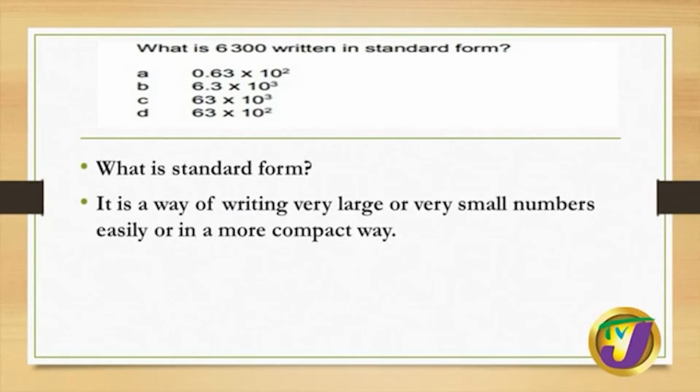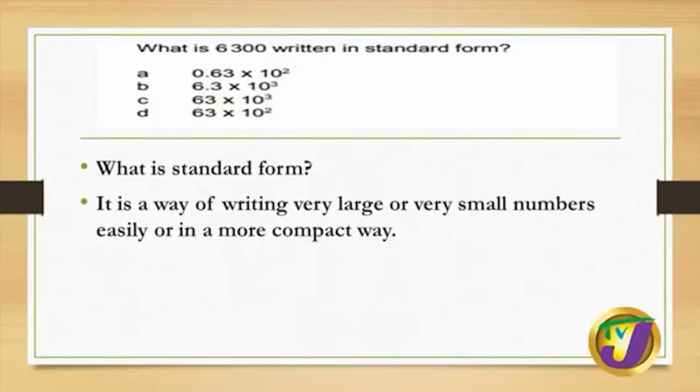Now, you might think standard form isn't that important to you today, but if you become a scientist one day and you have very minute calculations to record, you may just realize that standard form is awesome. And if you have very large numbers to record, standard form will become very useful. Some places also call it scientific notation.